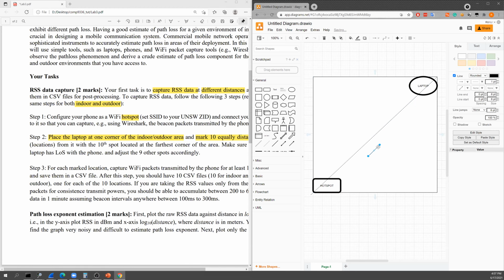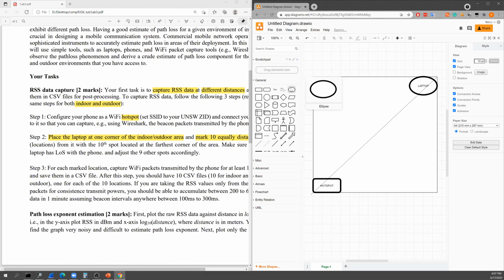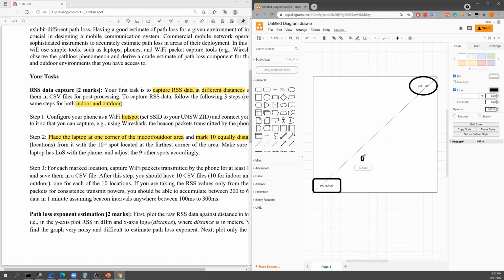For example, you should put your marks on the ground like this, splitting this line into 10 equal sizes. Does that make sense?